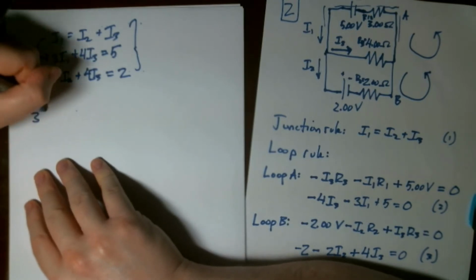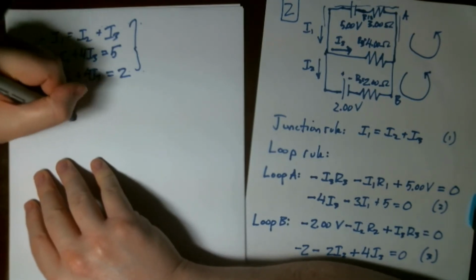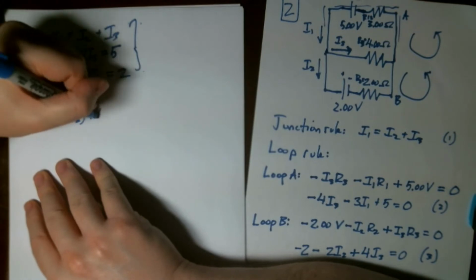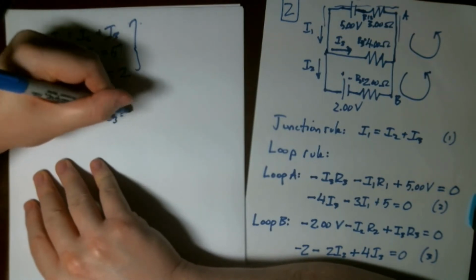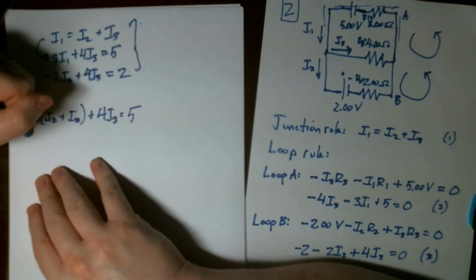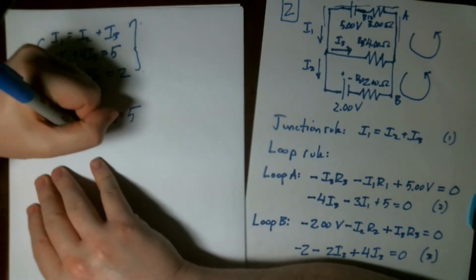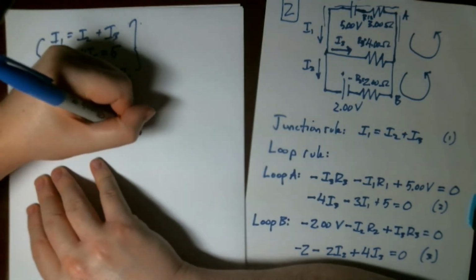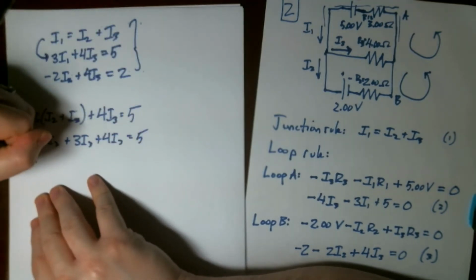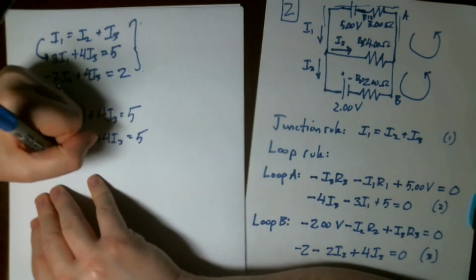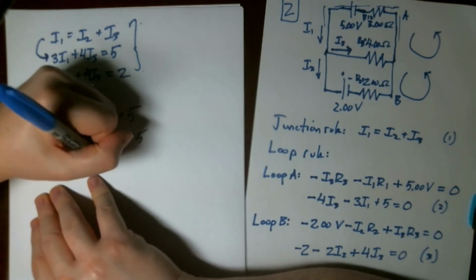So that gives me 3 times (I2 plus I3) plus 4 I3 equals 5. Simplifying, we get 3 I2 plus 3 I3 plus 4 I3 equals 5, and combining like terms, 3 I2 plus 7 I3 equals 5.